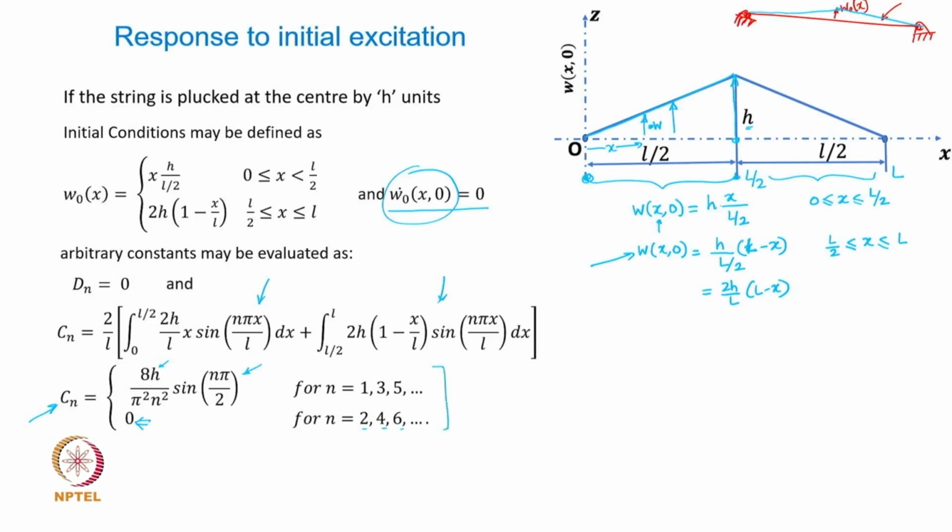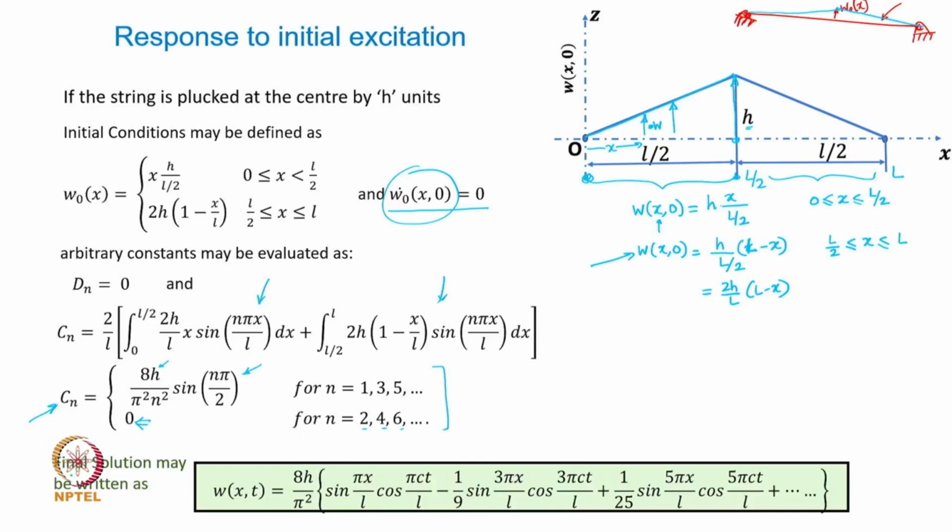So now that Cn has been obtained, our w(x,t), by substituting the Cn value, can be written like this. It is going to be obviously a summation, right? So the total w(x,t) was a summation of n equal to 1 to infinity, of sine omega n x by L into Cn cos omega n t, right?